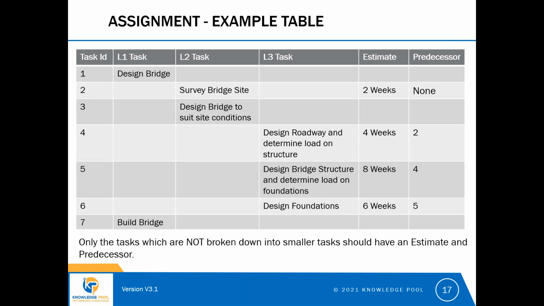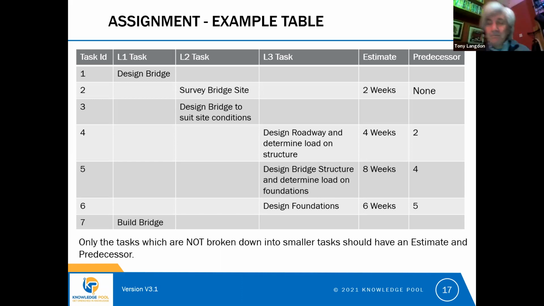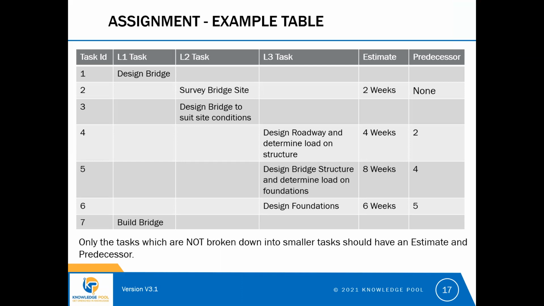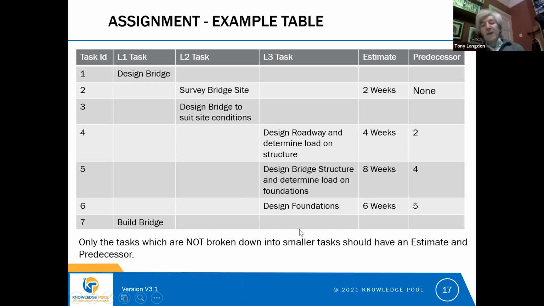As I say, I'll send you the numbers. Task ID 7, build page, right? So you will see you have to break it down into smaller tasks as well. Yes. So in this example, because this is a relatively small slide, I stopped at 7 tasks because I couldn't get 16 on the slide and let you see it all.